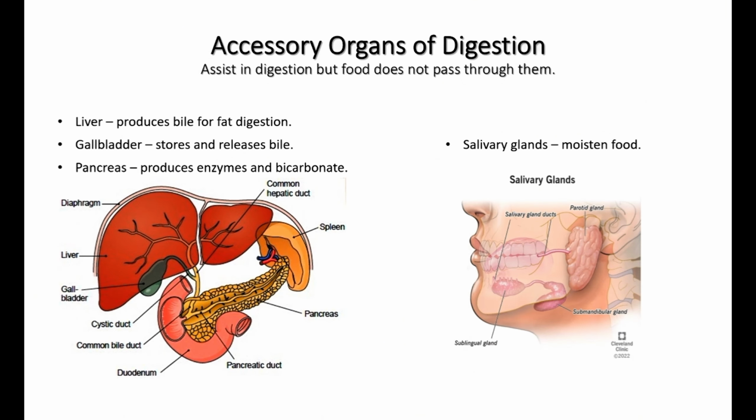And we have the accessory organs, which include the salivary glands, liver, gallbladder, and pancreas. These don't directly carry food, but they produce enzymes, bile, and other substances essential for digestion.